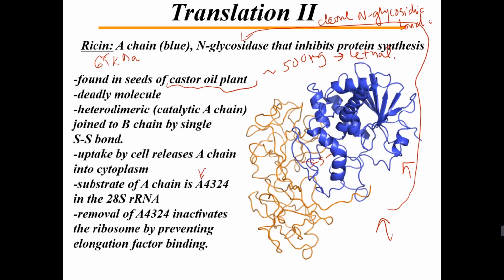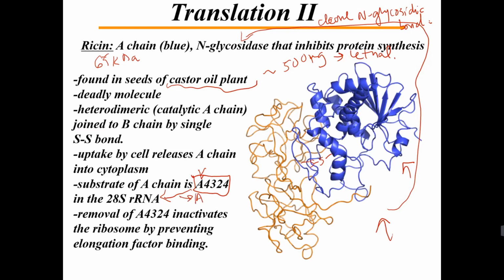So it's very specific for this one here. That's found in the 28S rRNA, so in the large subunit. It causes cleavage of that glycosidic link, so you lose the base in that 28S rRNA.